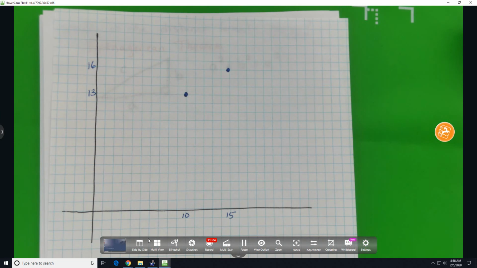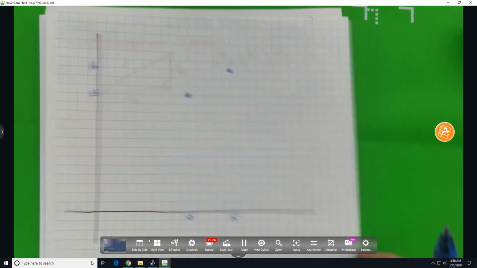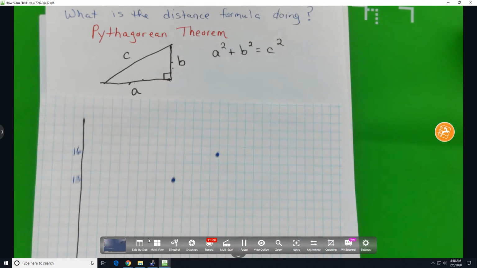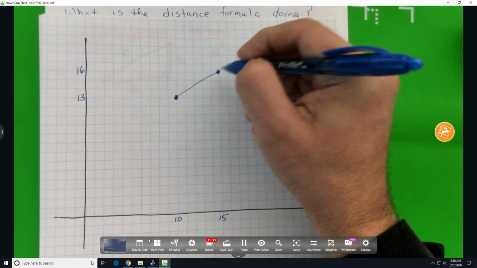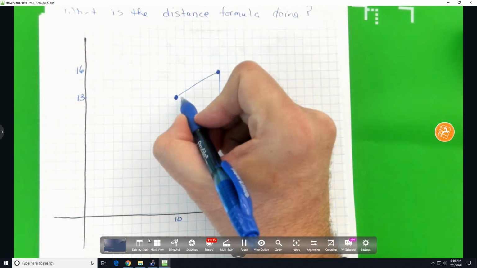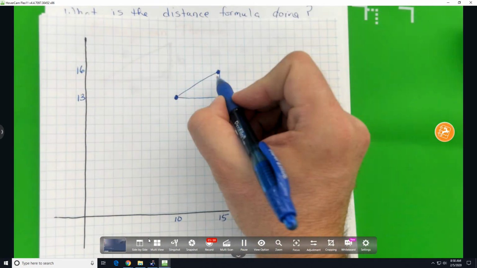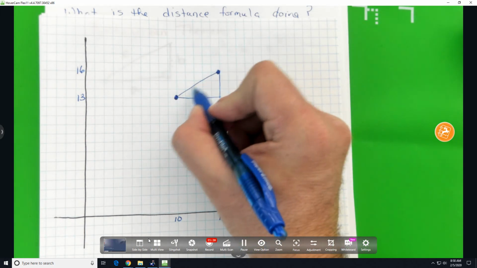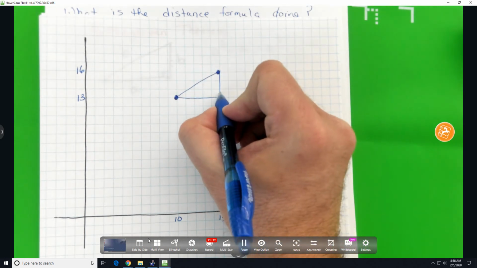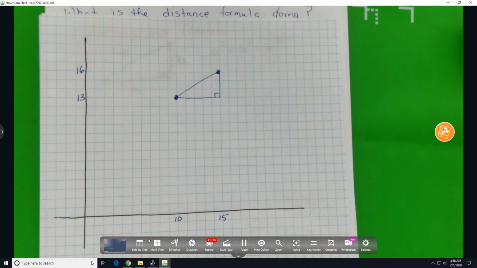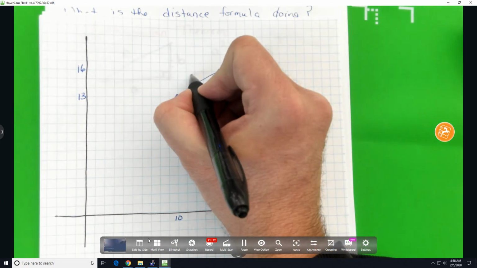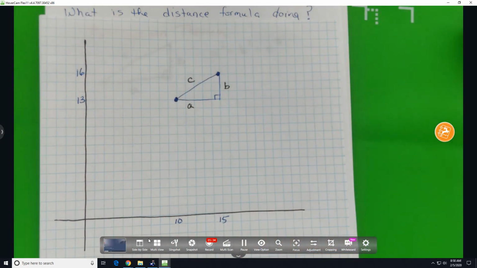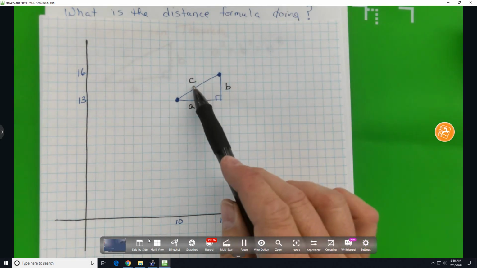I'm going to draw in a triangle that looks like this. So right here, and here, and there. But this is the distance I want to know. There's my right triangle. So if I stick on A, B, and C, what I'm trying to find is C.